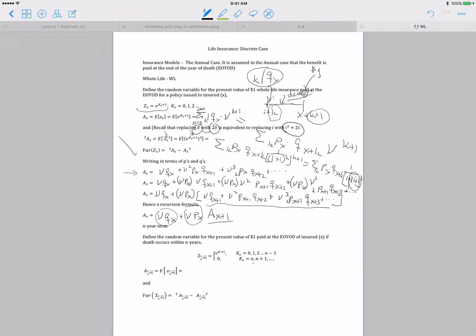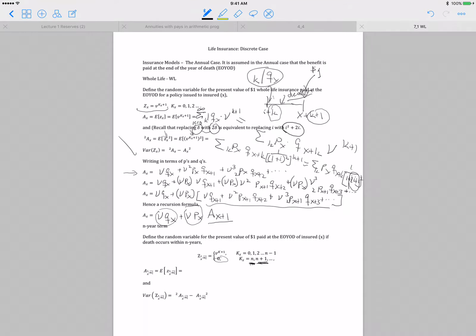Notice that if death occurs n years or later, in other words, I celebrate my nth future birthday, or any other future birthday beyond that, the contract has ended. So my benefit is actually 0. So the contract ends once I celebrate my nth future birthday if I have n-year term insurance.